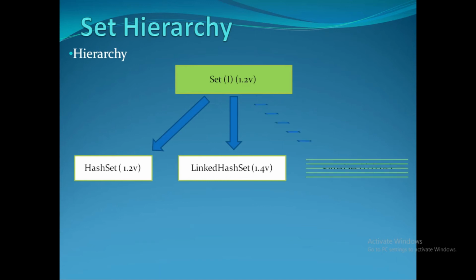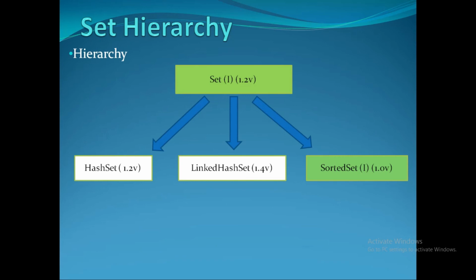The next one is the child interface, that is SortedSet. Here you can find it is an interface and it came in version 1.0, that is, it's a legacy interface. Whatever classes and interfaces are from version 1.0, we call them legacy classes and legacy interfaces.